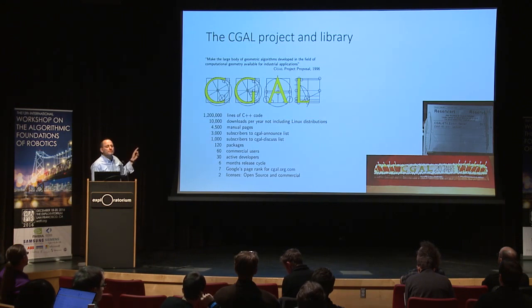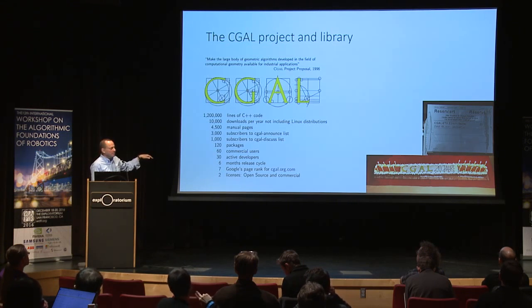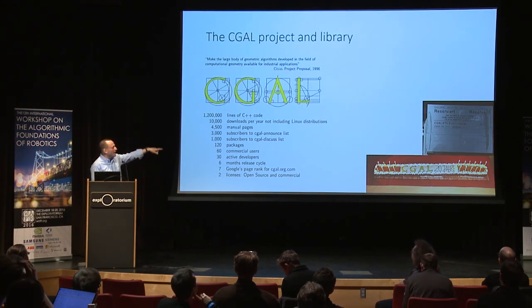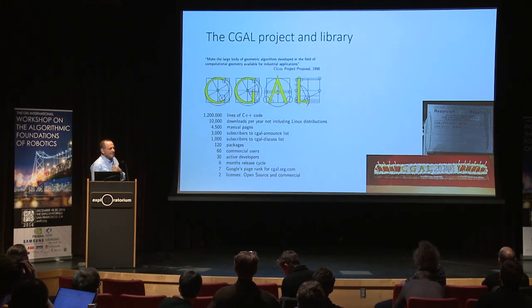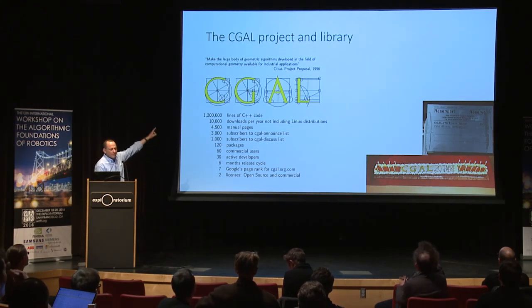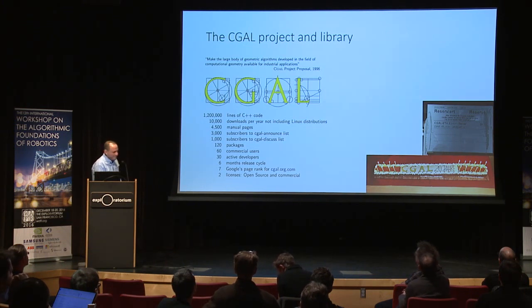The kickoff meeting was in September 1996 in Zurich. We got back to Zurich this September, 3 months ago, to the same place to celebrate 20 years. They even took us to the Alps where they served this cake. And I was really impressed that the Swiss are so well organized that the coach of the train that took us to the Alps had a CGAL sign on it, so we know where to go to.